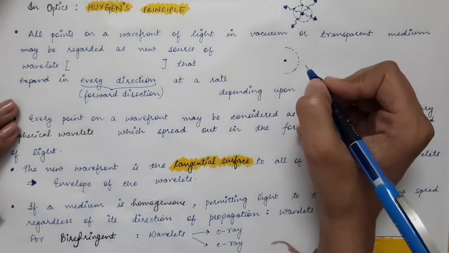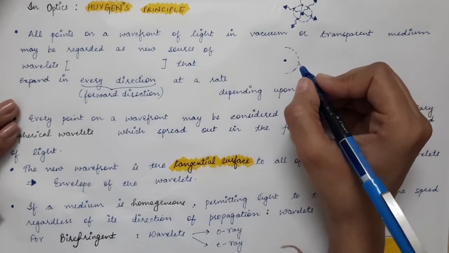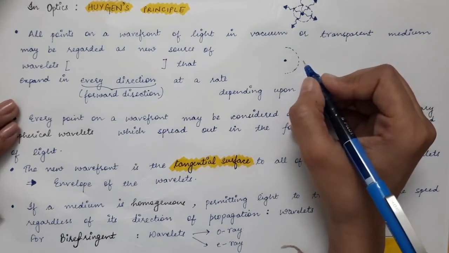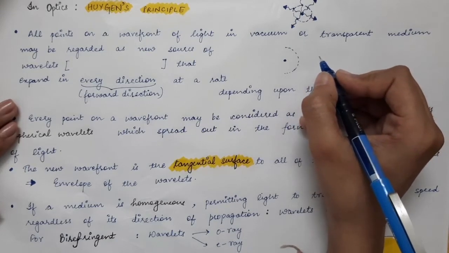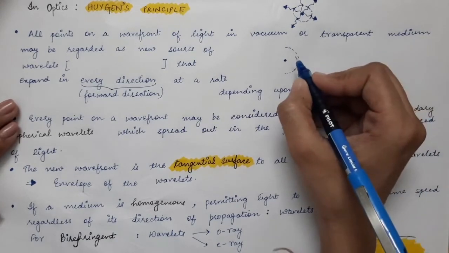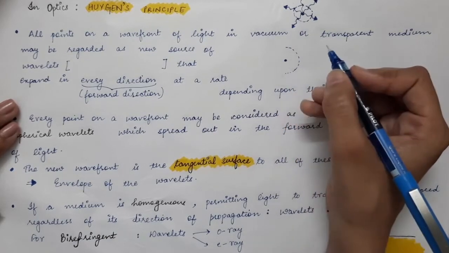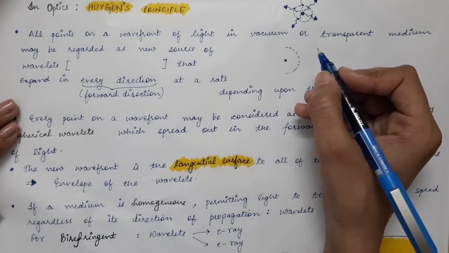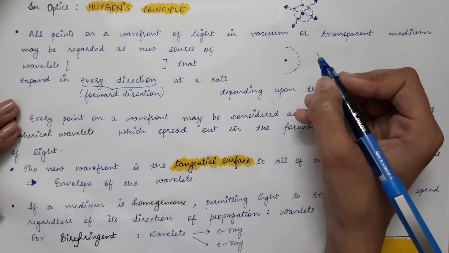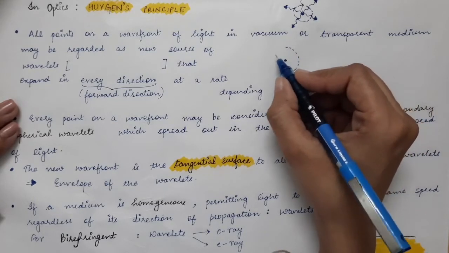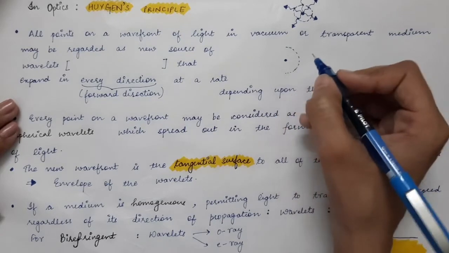It is a medium in which the properties do not depend upon direction. The properties are the same in all directions. Homogeneous media are like glass, water, or even vacuum, whose properties do not change as you change direction. Therefore, the wavefront for a point source is spherical in shape.